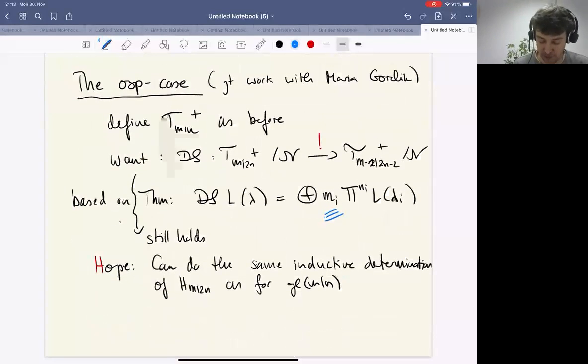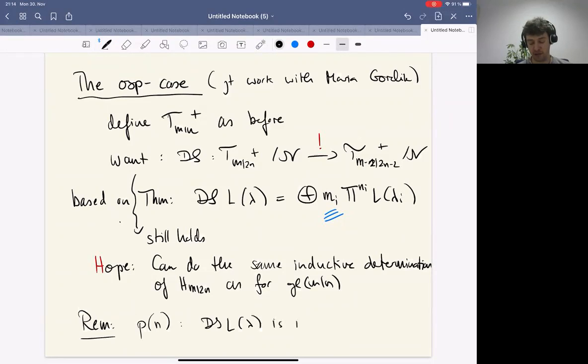Let me just make one remark here and then finish. You can ask whether this determination, basically starting from below and then going up by means of this DS functor, is a general strategy to always attack these problems. And the question is, I don't know. So it works for GLMN. It probably works for OSP M to N. But for instance, there is the case PN, the so-called periplectic superalgebra, and there DS of L lambda is in general not semi-simple.